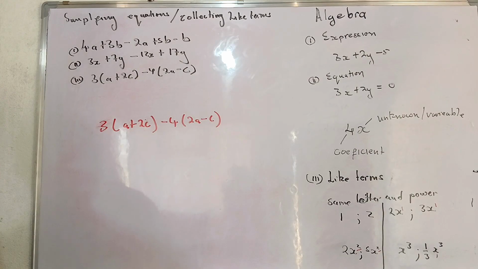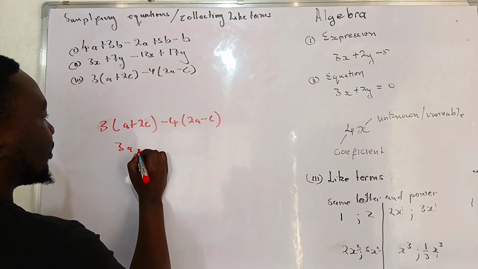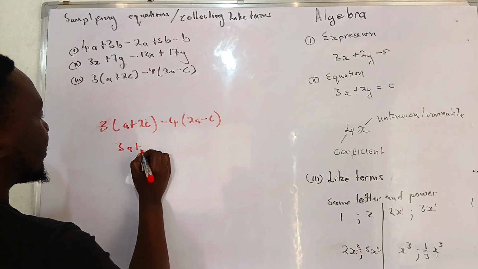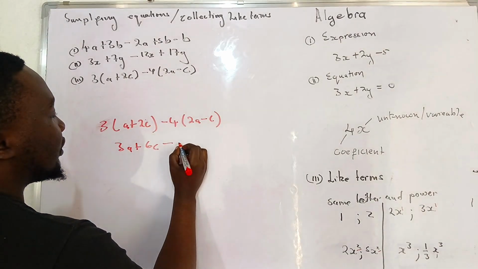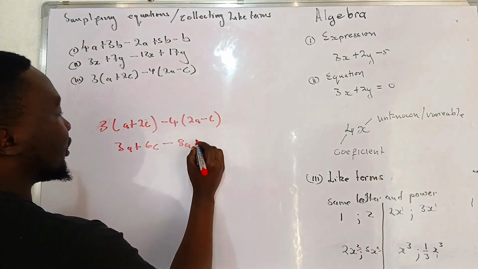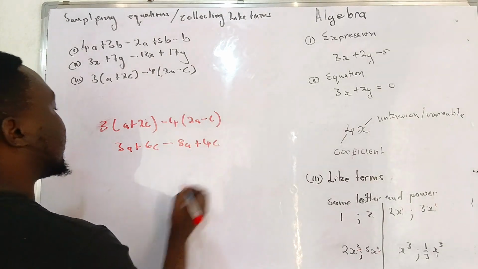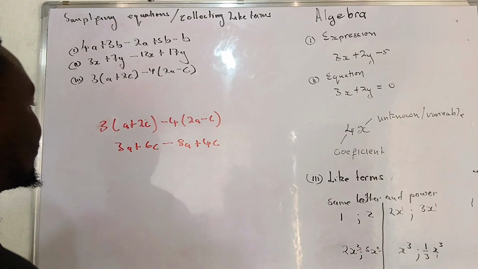So let's do it. You have 3a plus 6c minus 8a. So minus 4 times this, that's going to give plus 4c. So let's collect like terms.